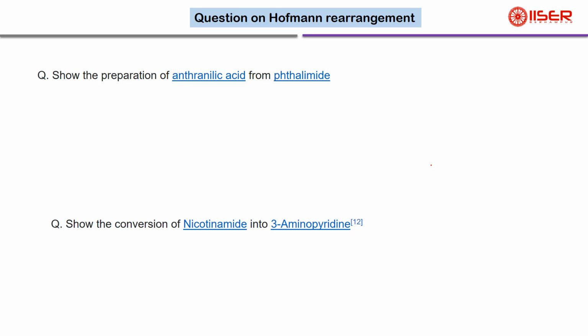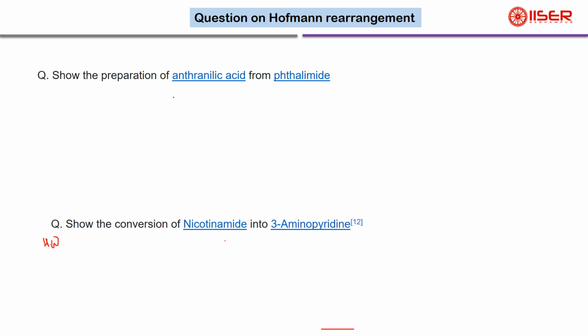So one I will do here, and one I am keeping so that you will search for the names: what is nicotinamide and what is 3-aminopyridine. 3-aminopyridine is pyridine with an amine at the 3 position. This one is for you guys to practice. I will show the answer in the next class.